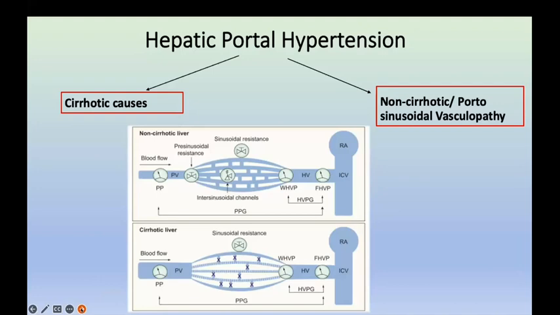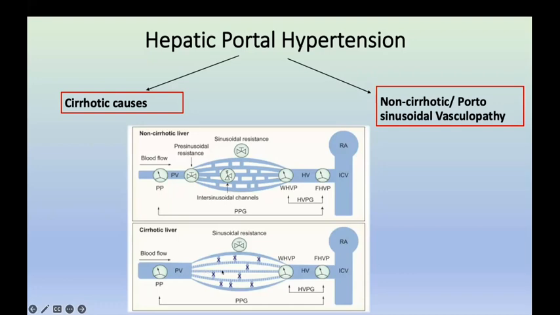Having said that, the second classification we discussed was cirrhotic versus non-cirrhotic causes of hepatic portal hypertension. As you can see in this diagram, in the liver we have our blood flow, and inside the sinusoids there can be thousands of channels and interconnections.